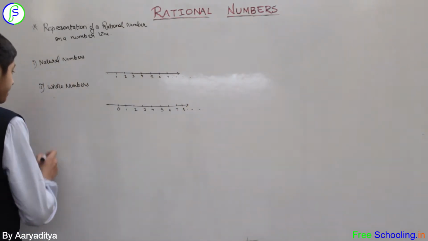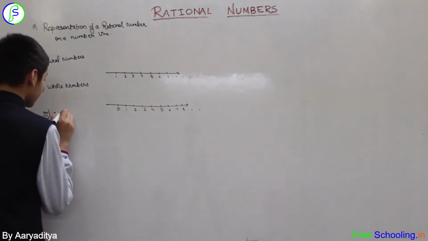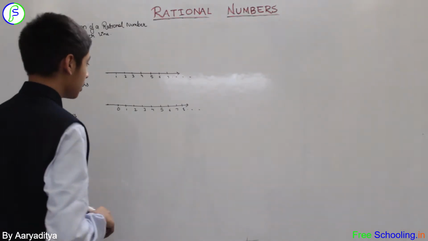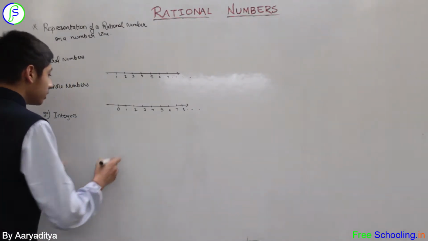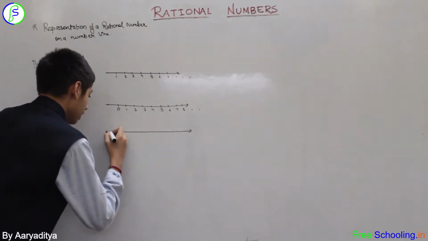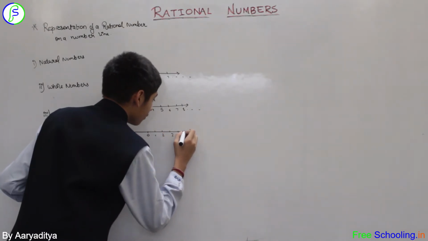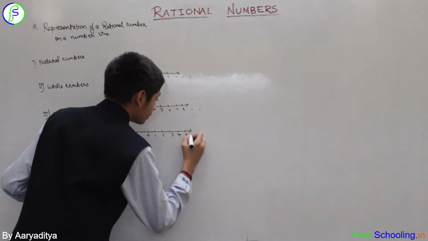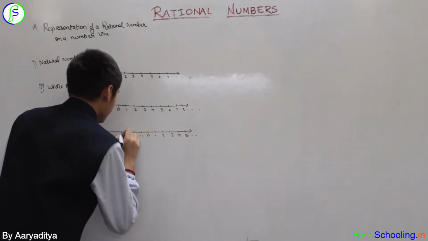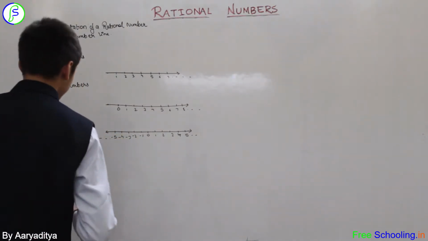Now I'm coming on to integers. Integers include both the negative and the positive numbers as well as 0. So this is represented like this: 1, 2, 3, 4, 5, and so on. Coming back, -1, -2, -3, -4, -5, and so on on the left hand side.